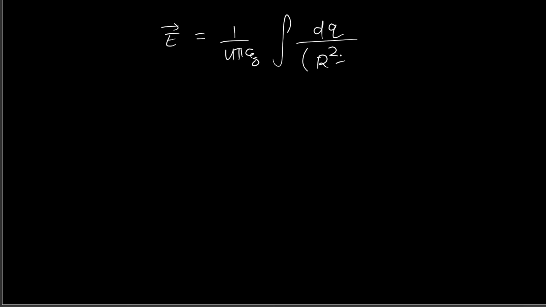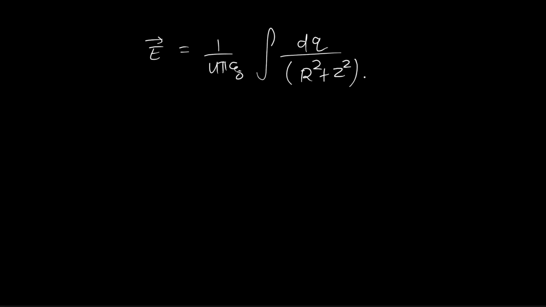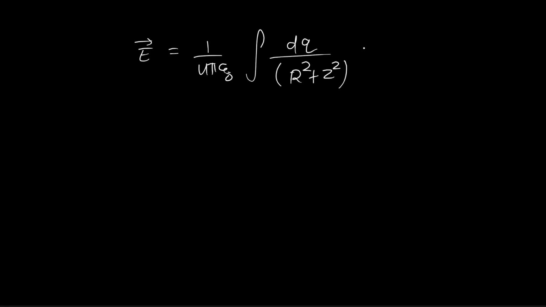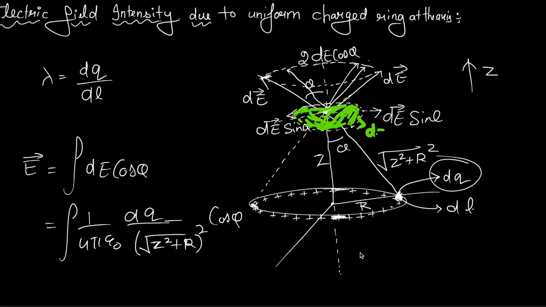r squared plus z squared, the power is 1 only, because you have to square and then take the square root, and then the cos theta value. If we go back, pick the value of cos theta from here.